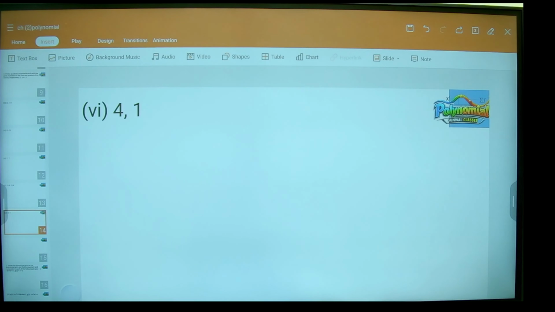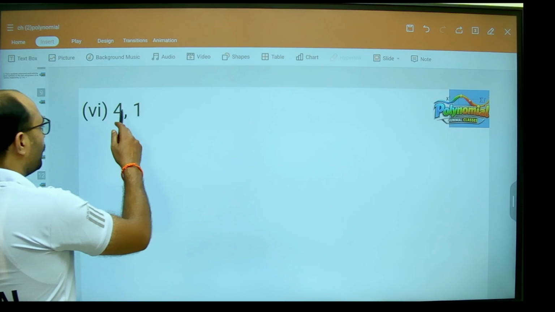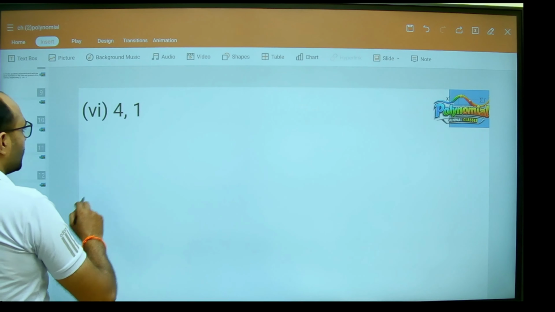Last part, what is given? Sum is 4, product is 1. Sum is 4.